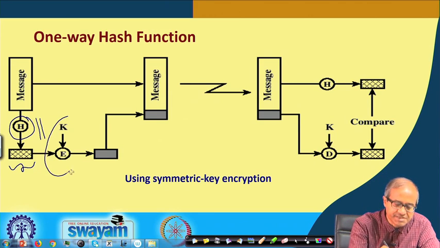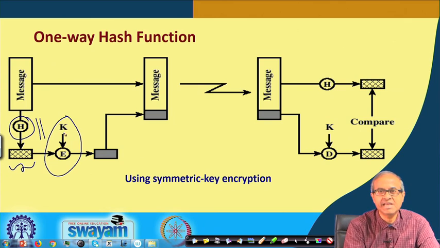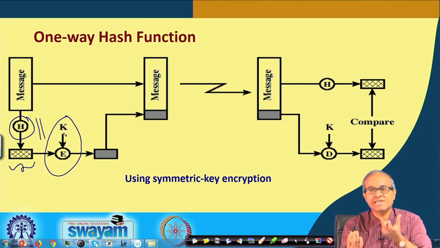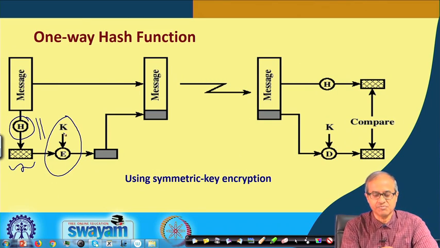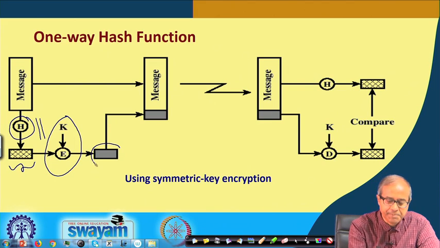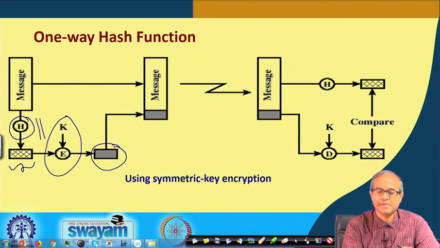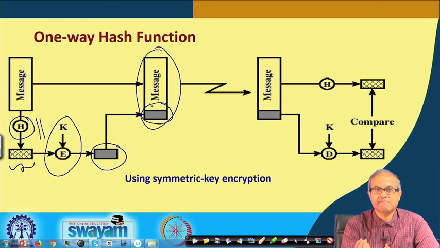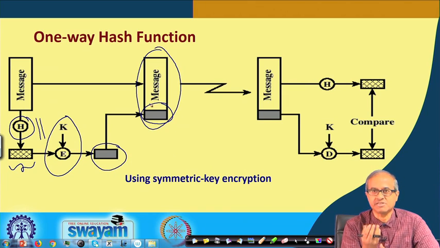We have an encryption step where you use a private key k and a private key or symmetric key encryption algorithm to encrypt the hash value. We are not encrypting the message, we are encrypting the small hash value to generate an encrypted hash. So, what we are transmitting along with the message is the encrypted hash. So, the advantage is that any intruder who is getting hold of it, because he does not know the value of k, so the encrypted hash he or she cannot access or process.